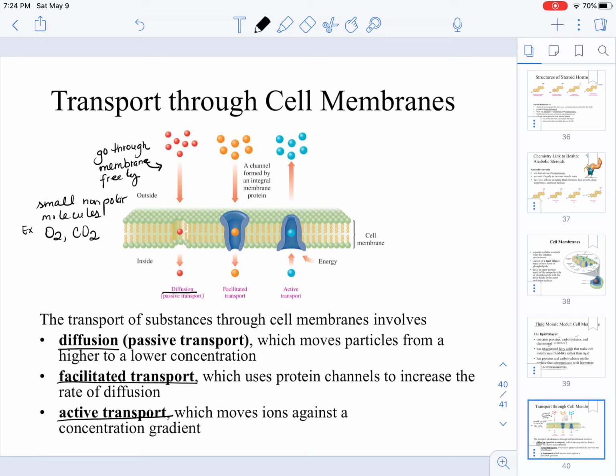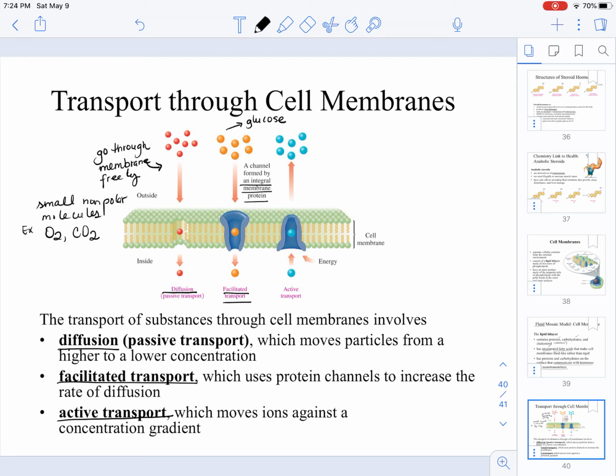Other types of molecules are going to need a channel, meaning a tunnel, in order to get inside the cell. And whenever a molecule needs a tunnel or a channel, which is specifically from a type of protein that is called an integral protein, understand that these molecules are undergoing facilitated transport, okay?